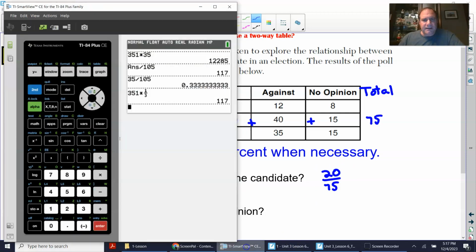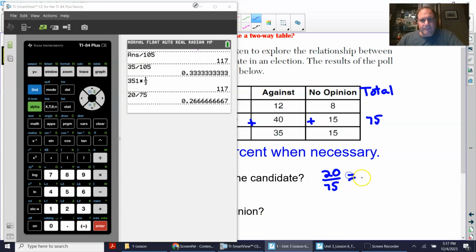So 20 divided by 75 is 0.266. I'm going to round it to the nearest tenth, so I put 6 and keep on going, and this is 26.7%, rounded.